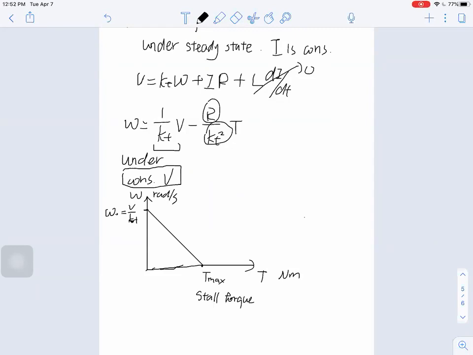That's the situation when the motor is running and you use your finger to hold the motor, so you force it to stop.